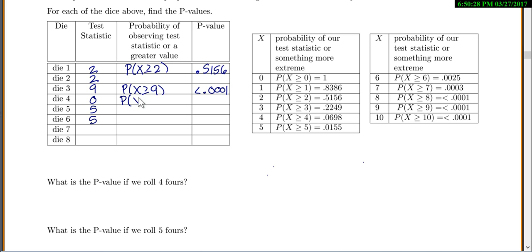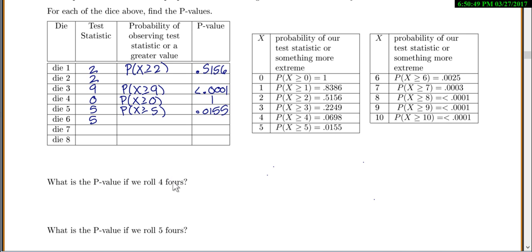Let's see, for 0, probability of getting a 0 or more is, well, 1. Those are the only choices. And for a 5, it looks like we're at 0.0155. So those were all of ours.